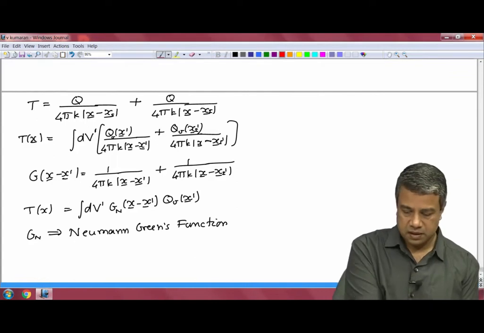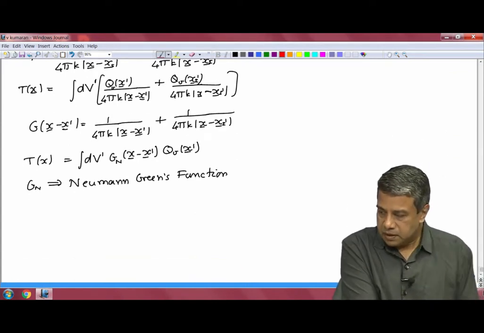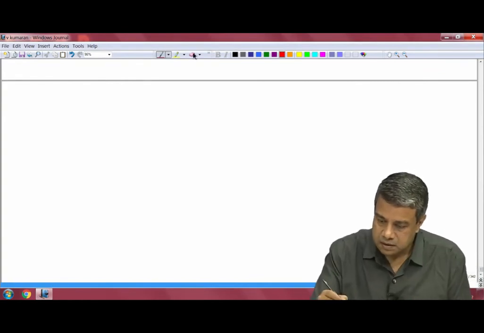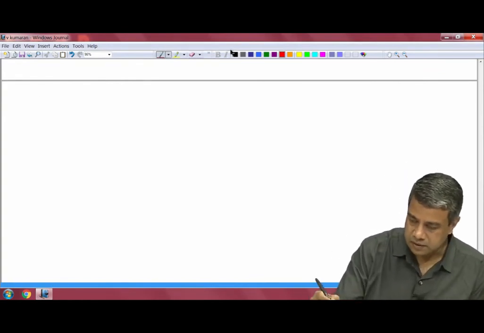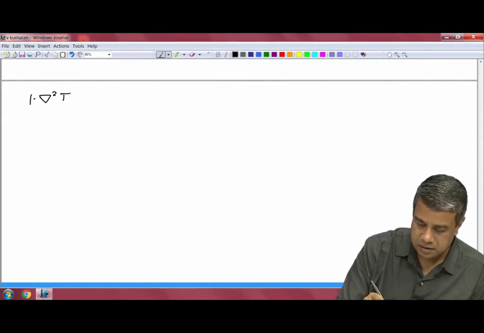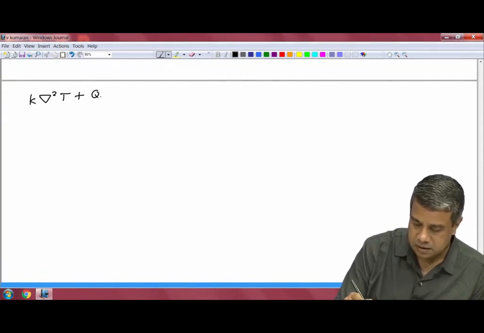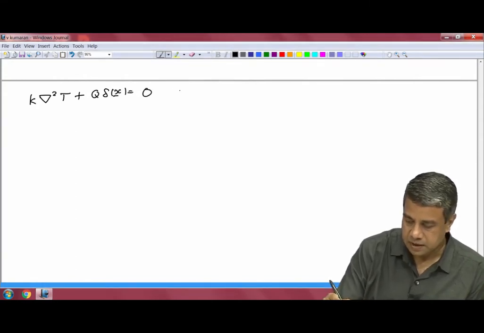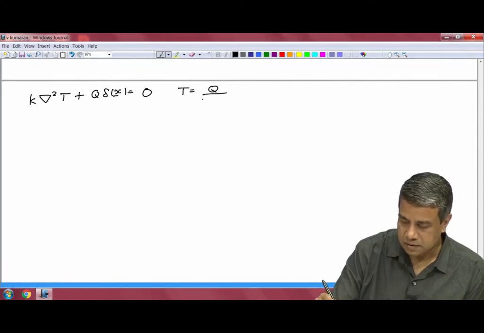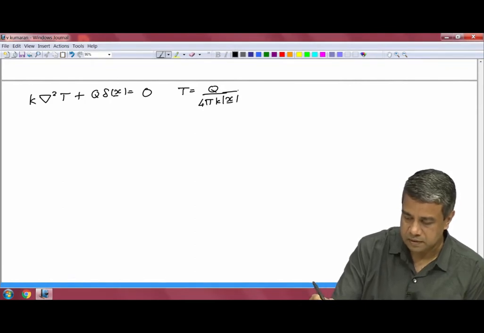Now, what do you do for the general case? So, for a point source, you recall that I had solved del square T plus q delta of x is equal to 0, and the solution was T is equal to q by 4 pi k into the magnitude of x vector.